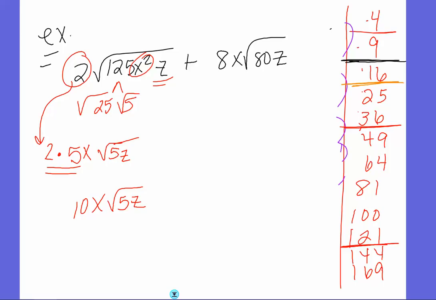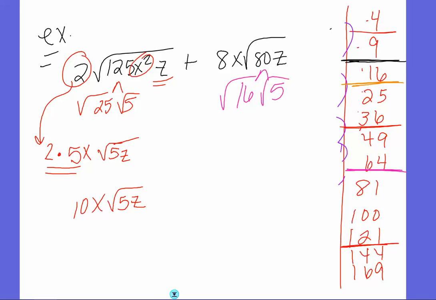If I do my last one, 80 falls here. 80 divided by 64 doesn't work. 80 divided by 49 doesn't work. What about 36? Nope. What about 25? Nope. What about 16? Sure enough, it does, 5 times.